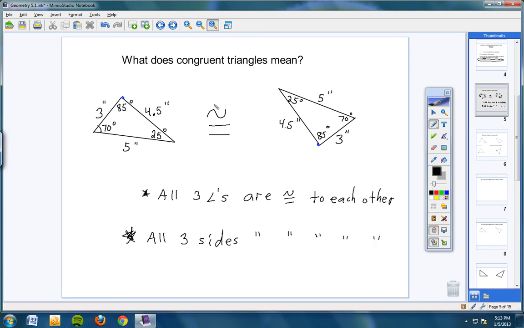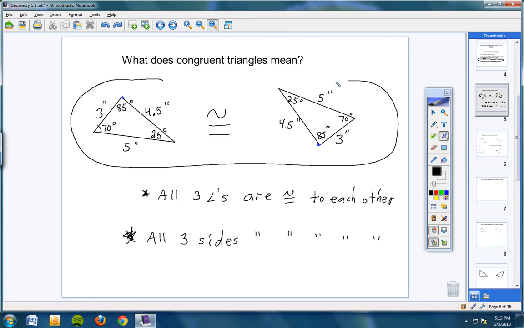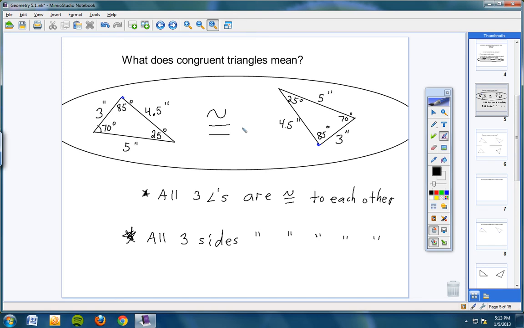So when I tell you from now on the rest of this year that you have 2 triangles that are congruent, like I've written here, what does that mean?